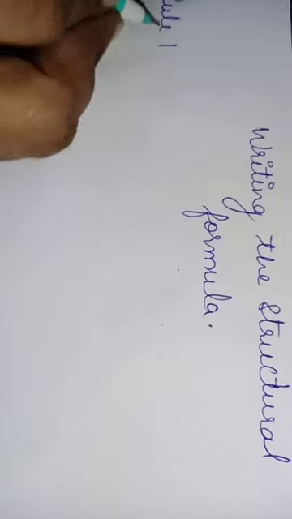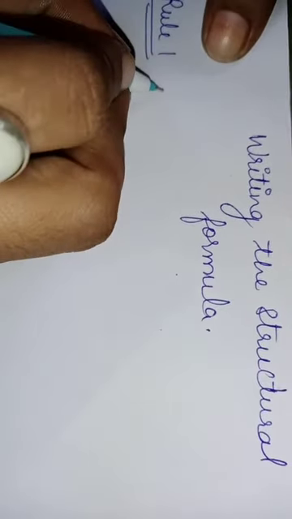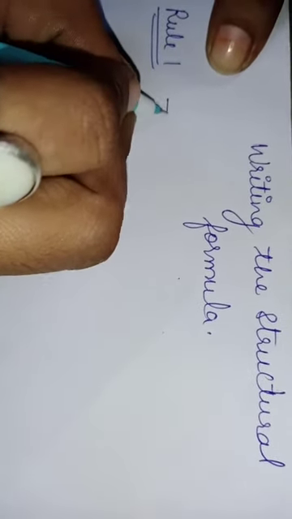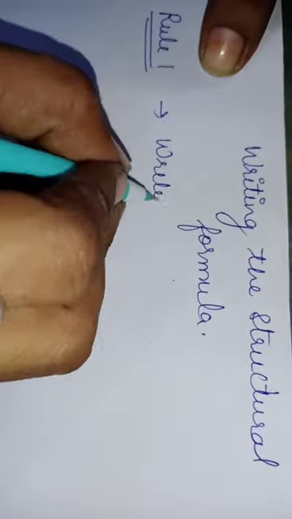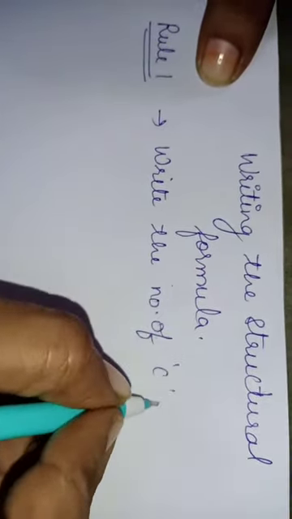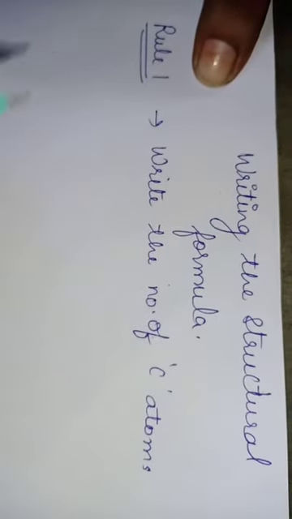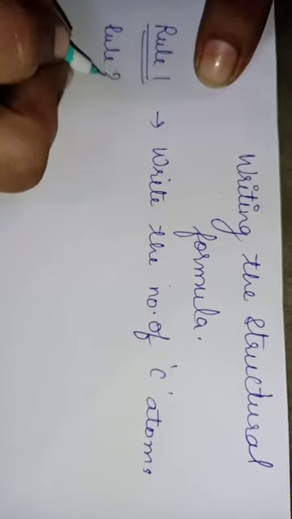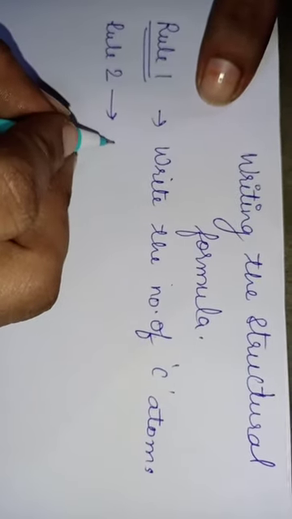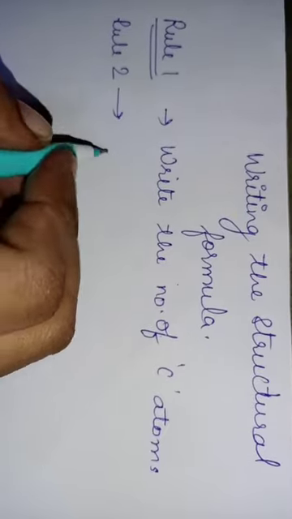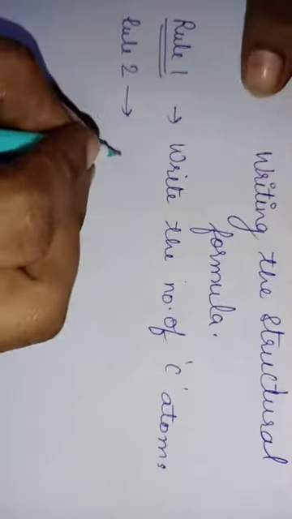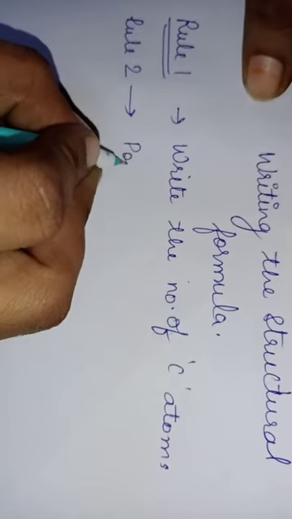So rule 1 for this is, first you will write the number of the carbon atoms. The second rule says that we will give the position of the suffix.